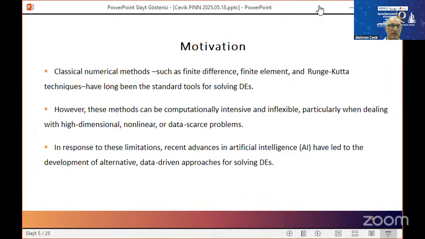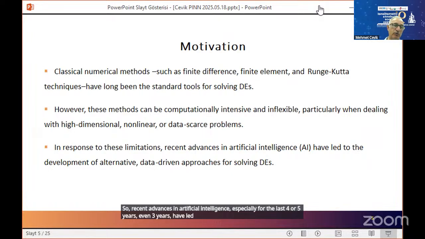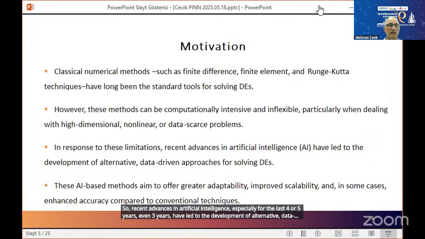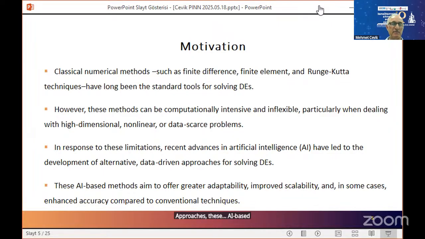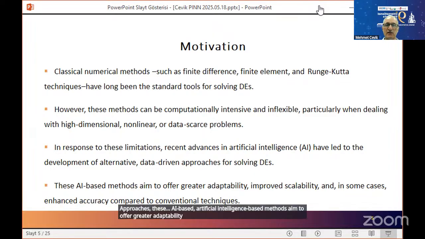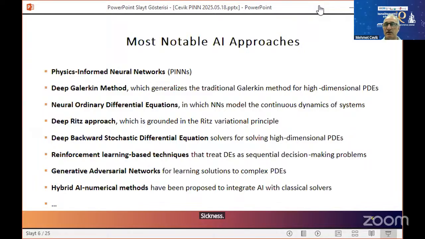Recent advances in artificial intelligence, especially in the last 4 or 5 years, even 3 years, have led to the development of alternative data-driven approaches. These AI-based methods aim to offer greater adaptability, improved scalability, and in some cases enhanced accuracy compared to conventional techniques. They have advantages and disadvantages.